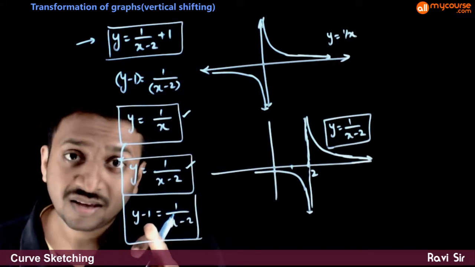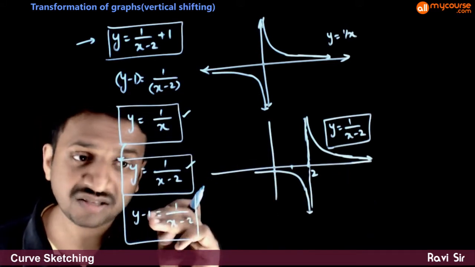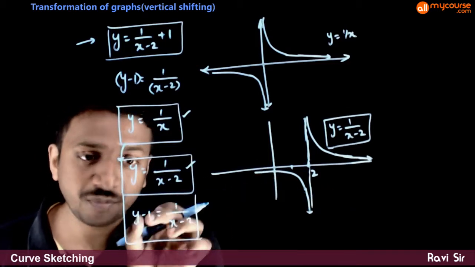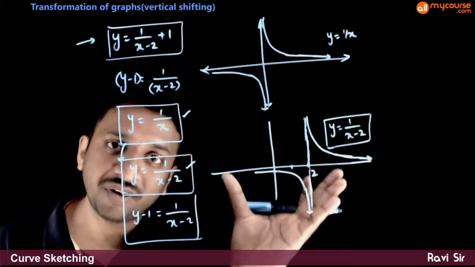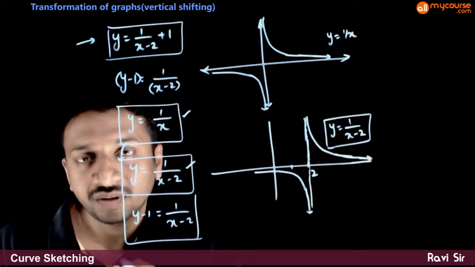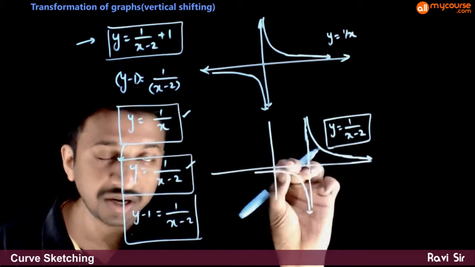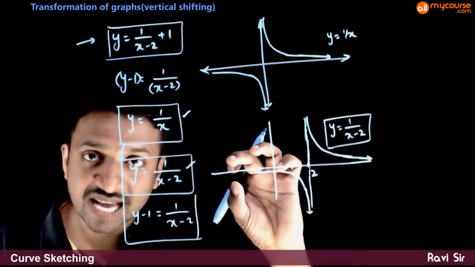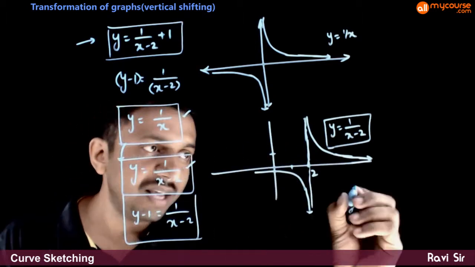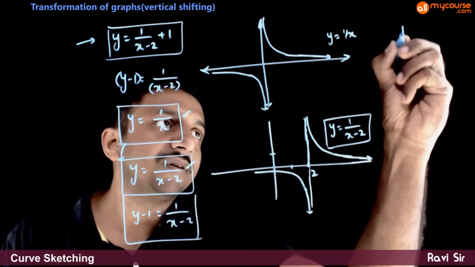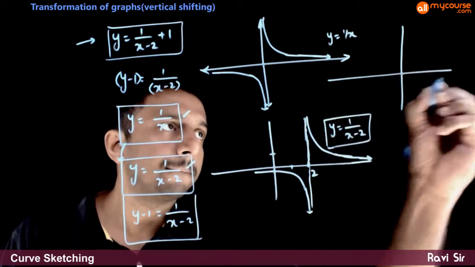Next, let us go for this transformation. In this graph, if you put y minus 1 in the place of y, the graph shifts upward by 1 unit. So now this horizontal asymptote, which is the x-axis, also moves 1 unit upward. So that means this time the graph looks something like this.